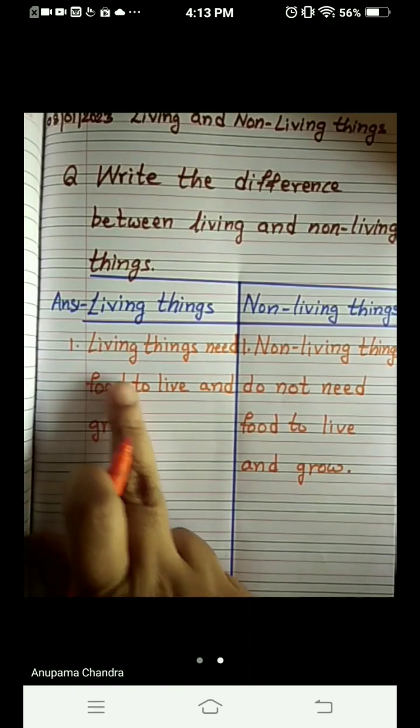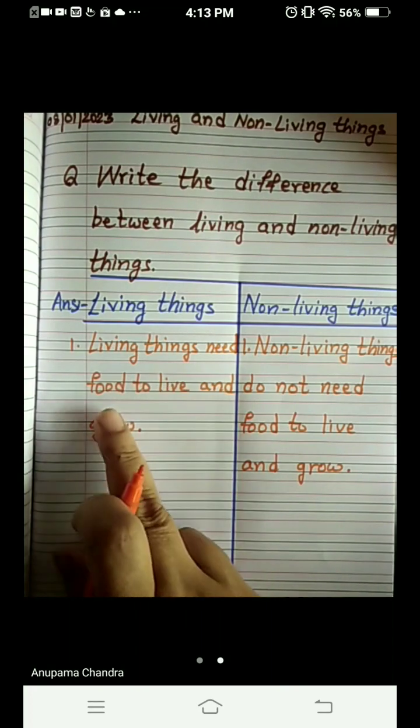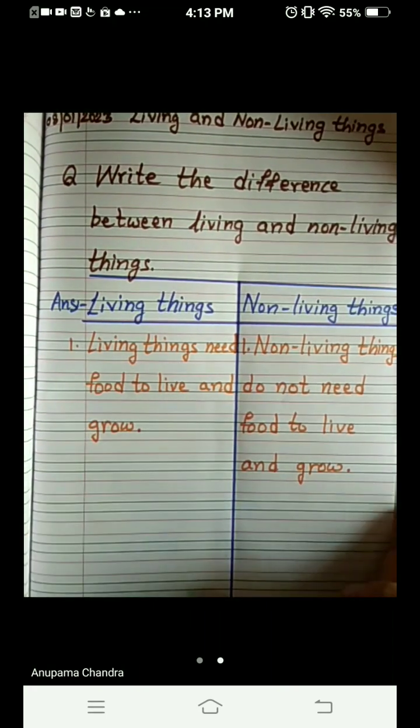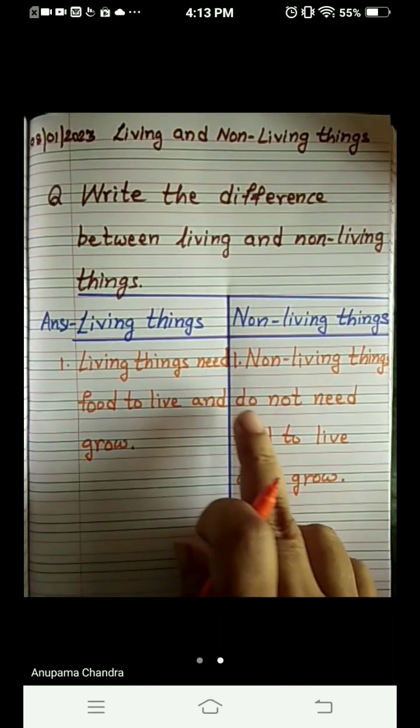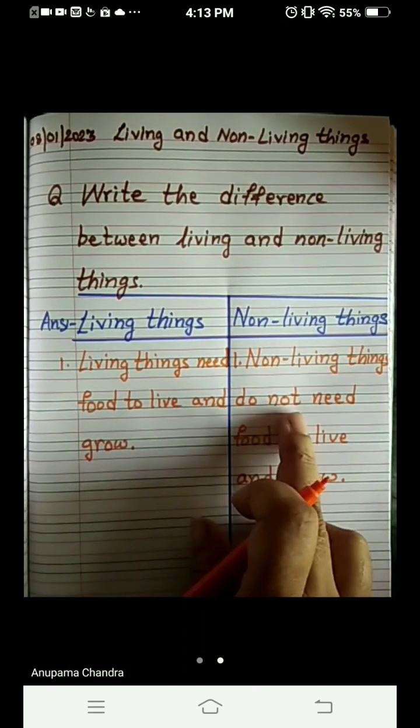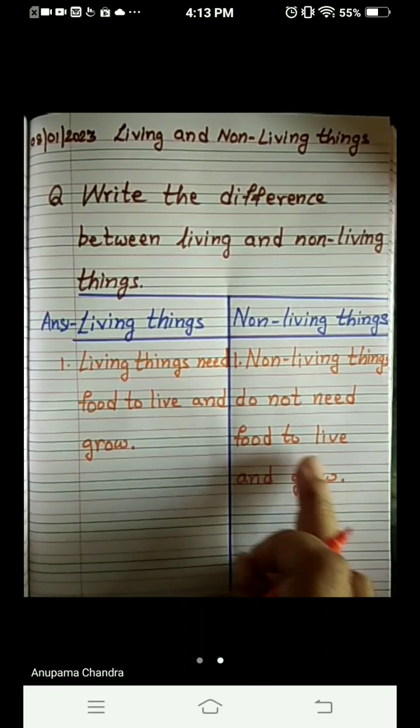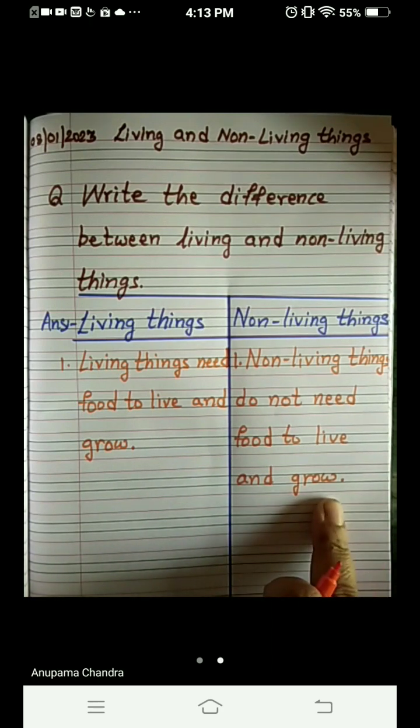Okay, living things need food to live and grow, whereas non-living things do not need food to live and grow.